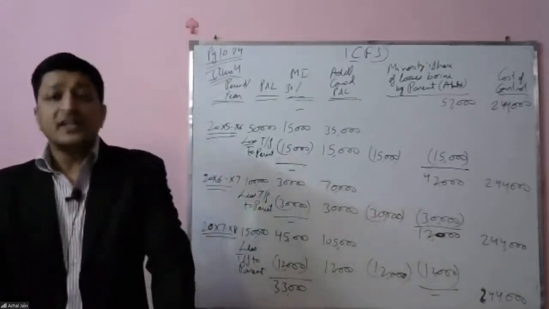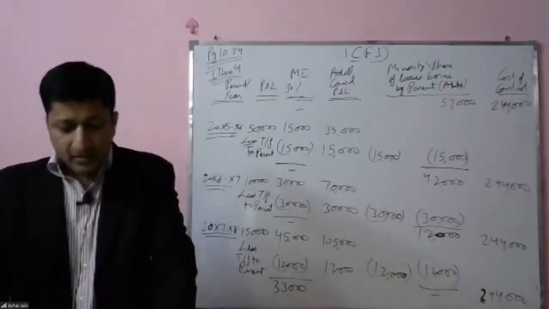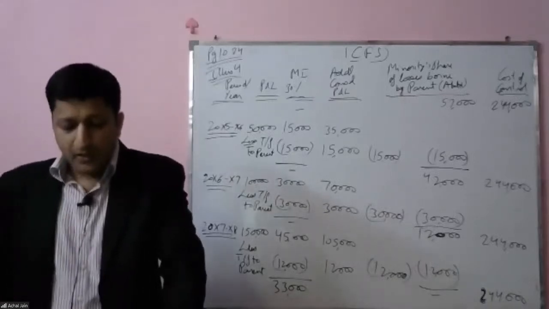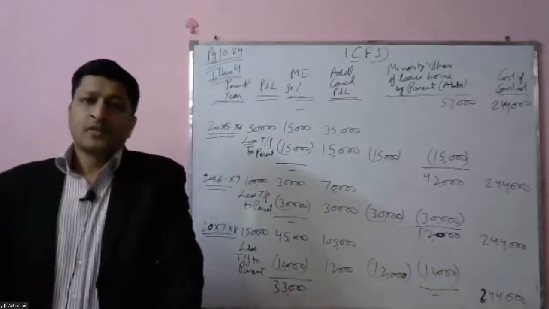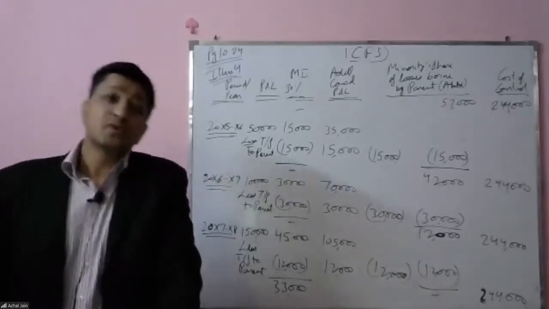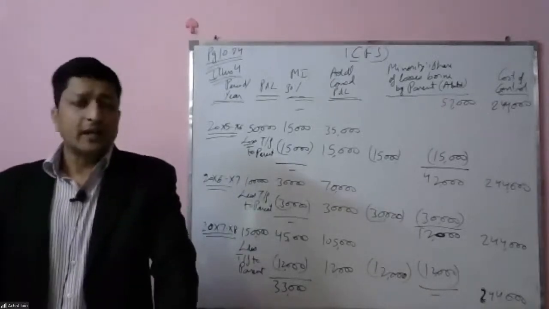Who is majority interest? Parent. Except to the extent that minority has a binding obligation to and is able to make good the losses. So in case there is a binding obligation on the part of the minority to absorb the losses, even if it becomes negative, then it will continue, but otherwise not.